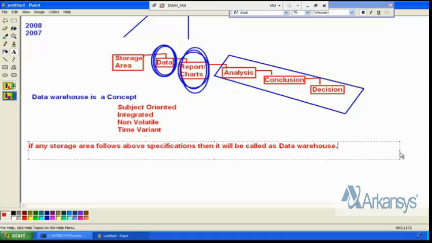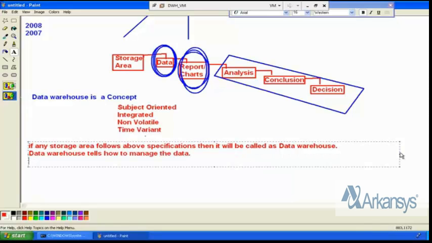Okay. So data warehouse is simply rules and regulations which talk about how to manage the data. Data warehouse tells how to manage the data. For what purpose? For making reporting easier.